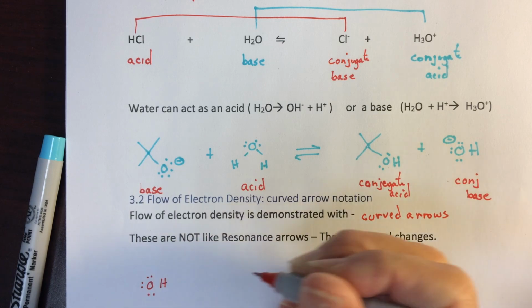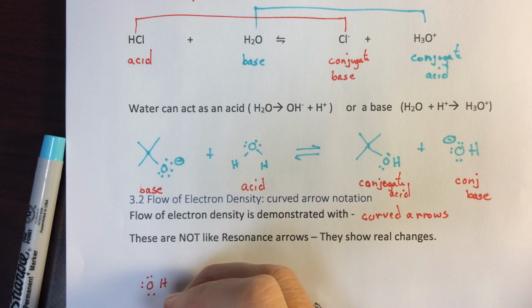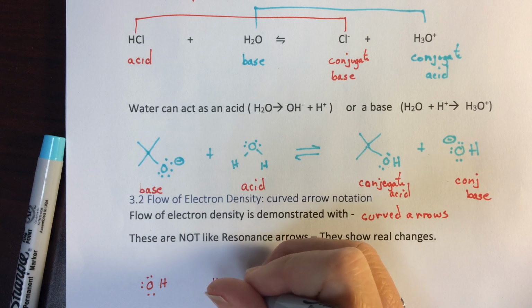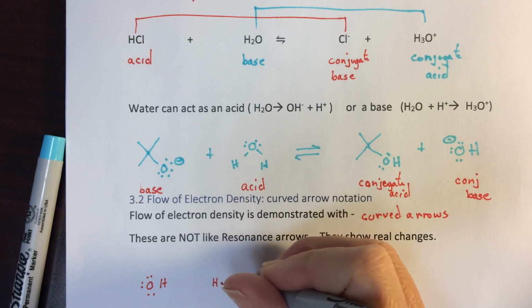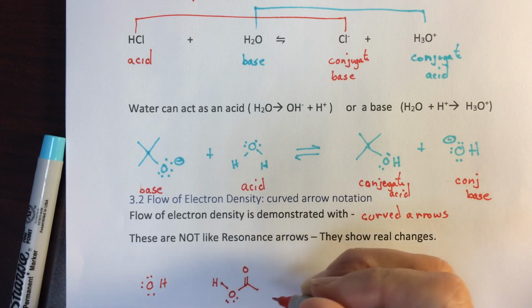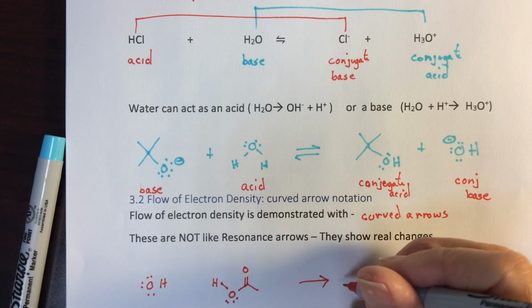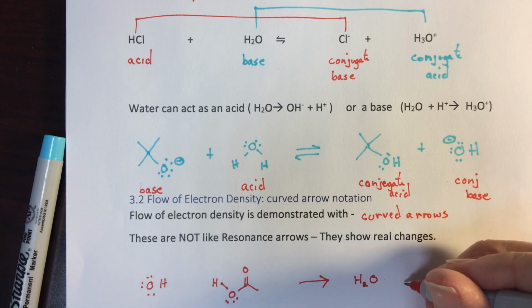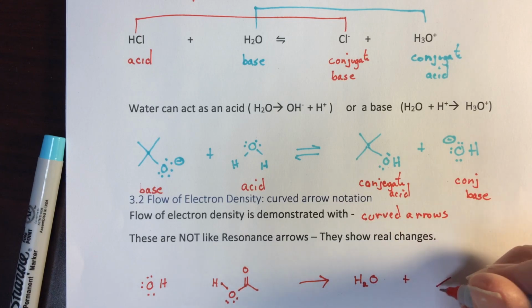We've got a base, and we've got a carboxylic acid here. And we're going to make water and conjugate acid.